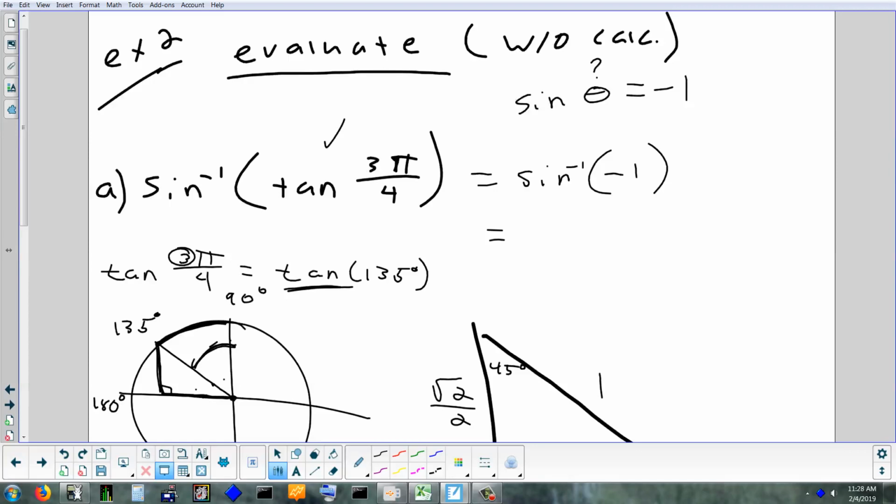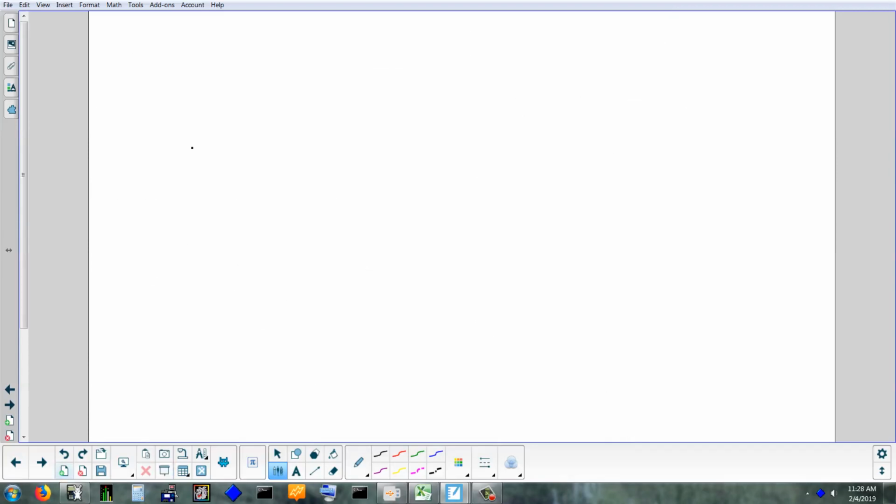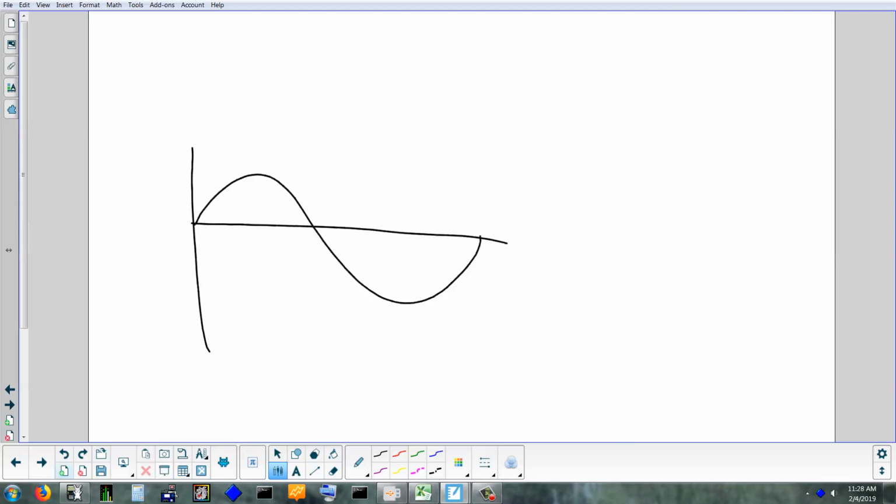So the easiest way for me to think about that is think of the picture of sine. It looks like this. This is 1. This is negative 1. How many times does that picture hit negative 1? Just once.